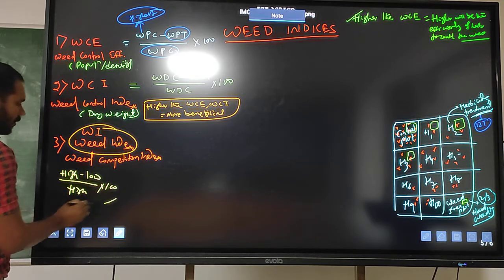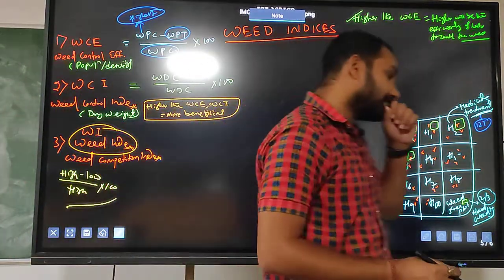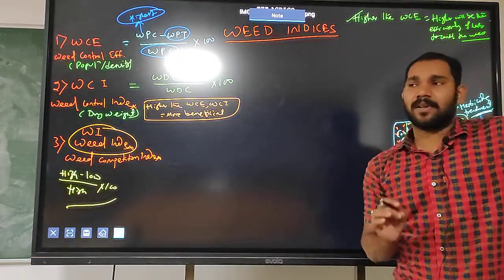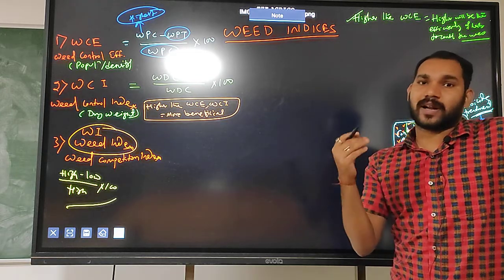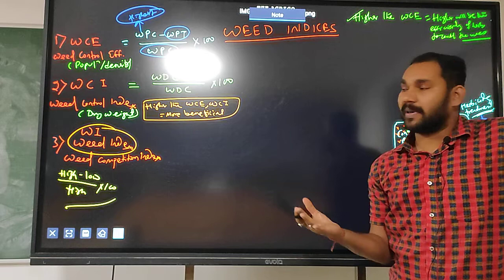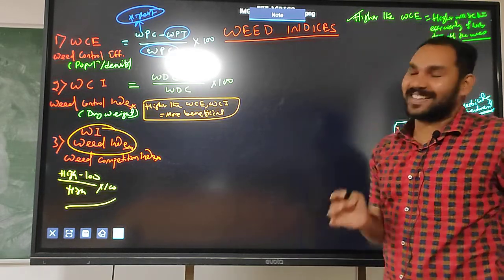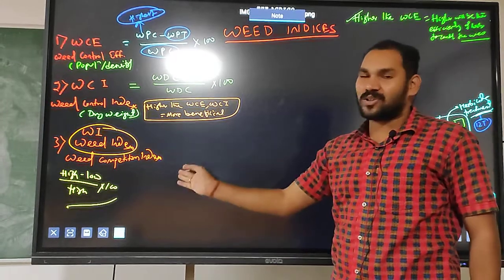If in the exam you have forgotten the formula, it is very easy to remind yourself. This is the trick: just remember high minus low divided by high.